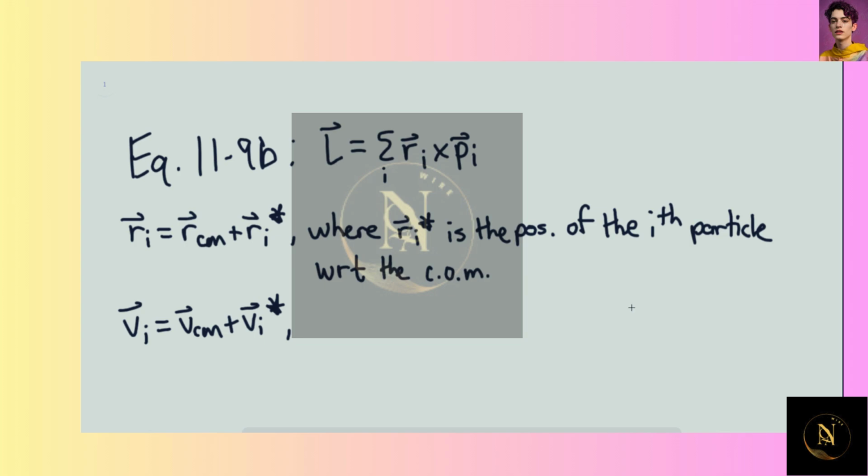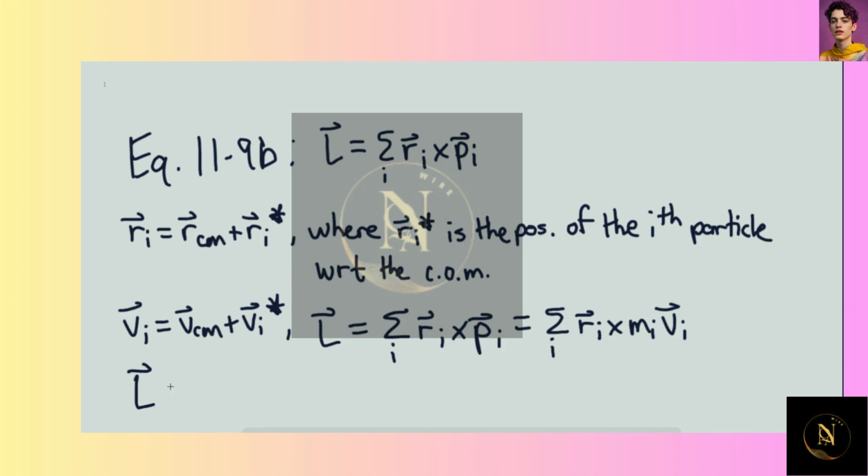This is coming from differentiating the relationship here, and we can say that L, the angular momentum vector, is equal to the sum of r sub I cross product with the linear momentum. This is going to be equal to the sum of the position vector cross product with the mass of the I particle times the velocity of the I particle.